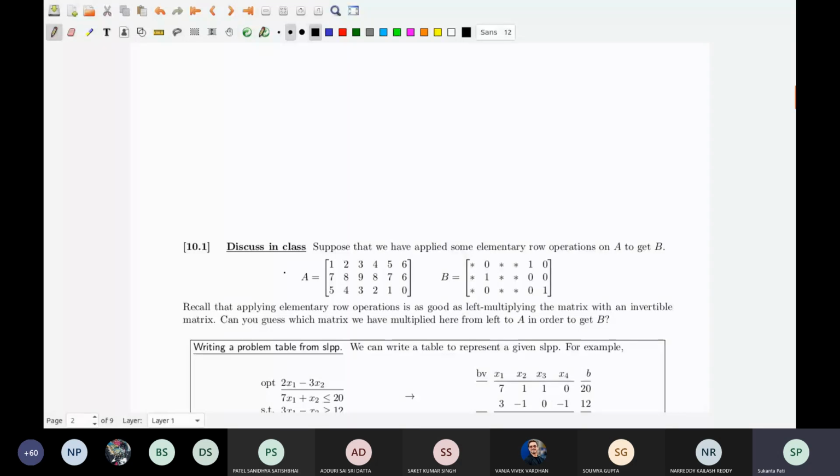And if you are doing a series of elementary row operations, that would mean multiplying from the left in total by an invertible matrix.